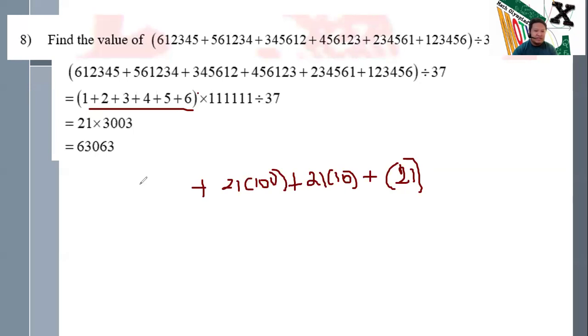In the thousands, 21 times 1,000. In the ten-thousands digit, 21 times 10,000. Sorry for my handwriting.